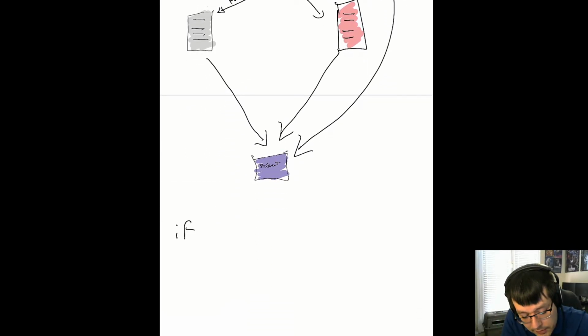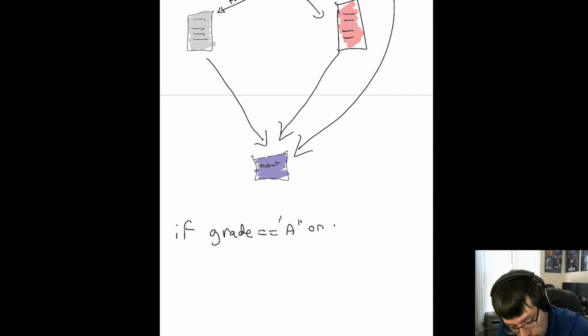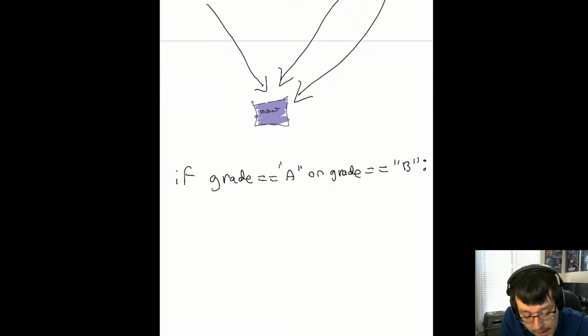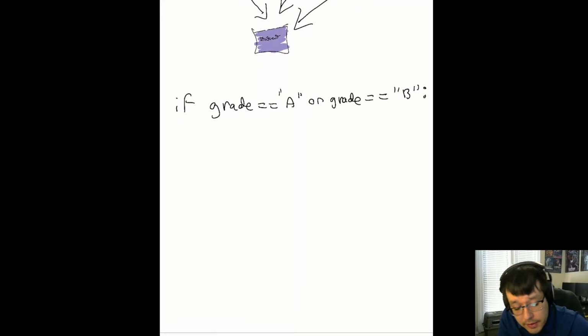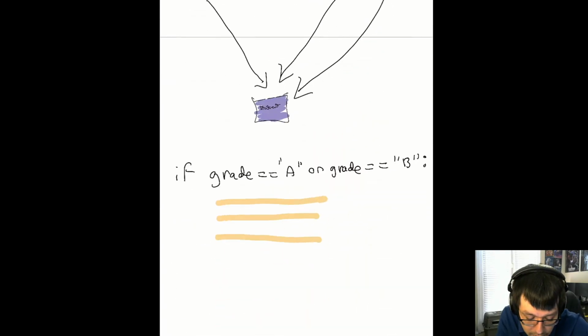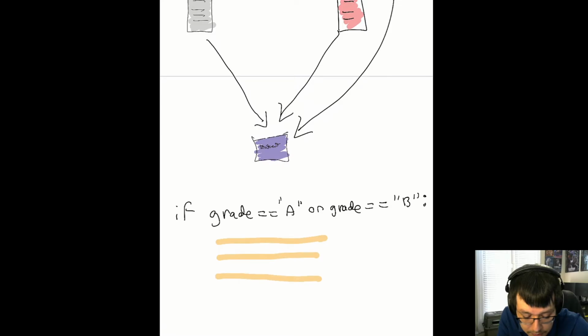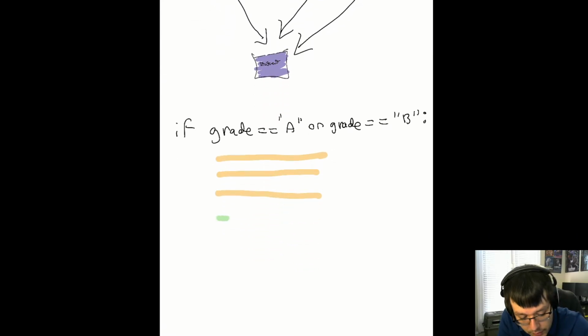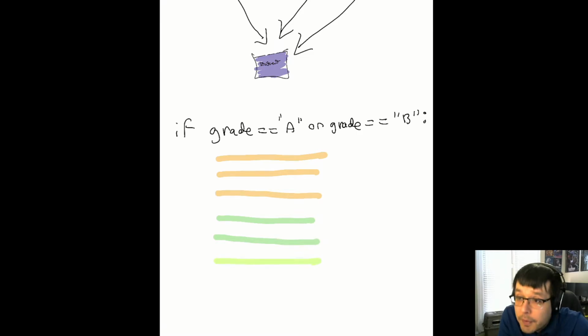So you're going to have something that says, again, if grade is equal to A or grade is equal to B. And then inside of that, instead of putting the five lines of code, so line 1, line 2, line 3, and like I said, the other two lines are the lines that we want to be unique to A or B. So these would be A's unique lines, and these are B's unique lines.